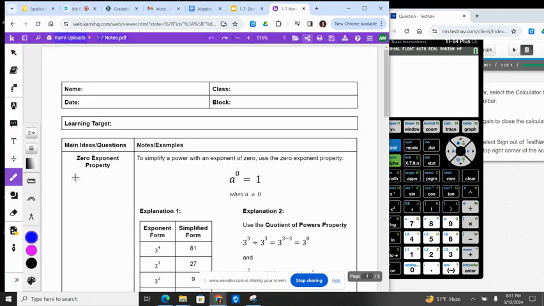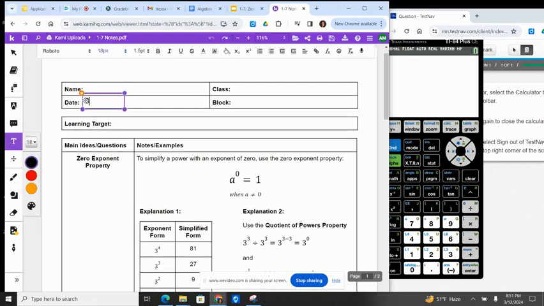Okay, so we're going to go ahead and start to label. Make sure you put your name on the top of your notes. And then today's date is the 13th. We are in algebra, and you are in either block 2 or 4, depending on when you're watching this video.